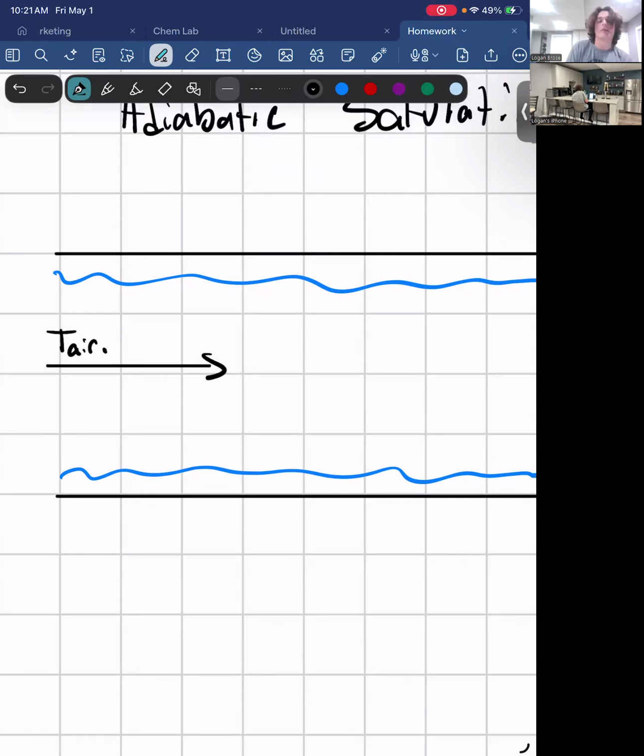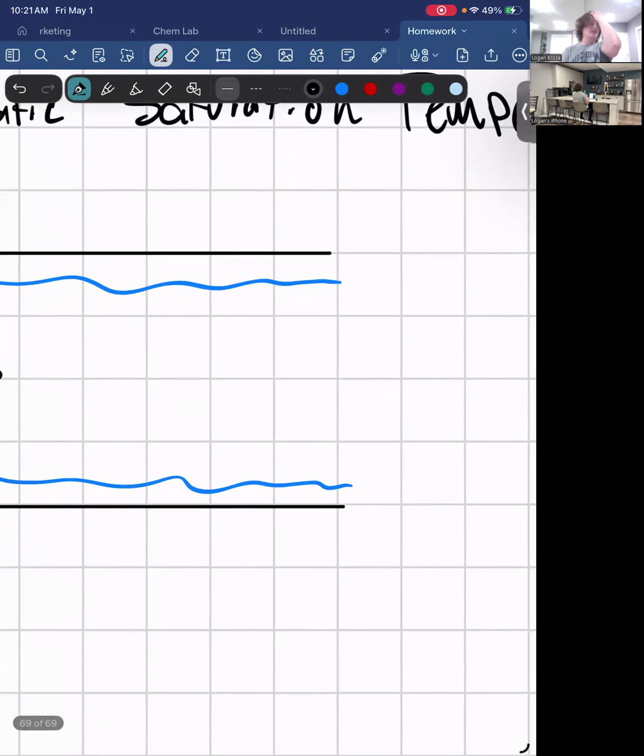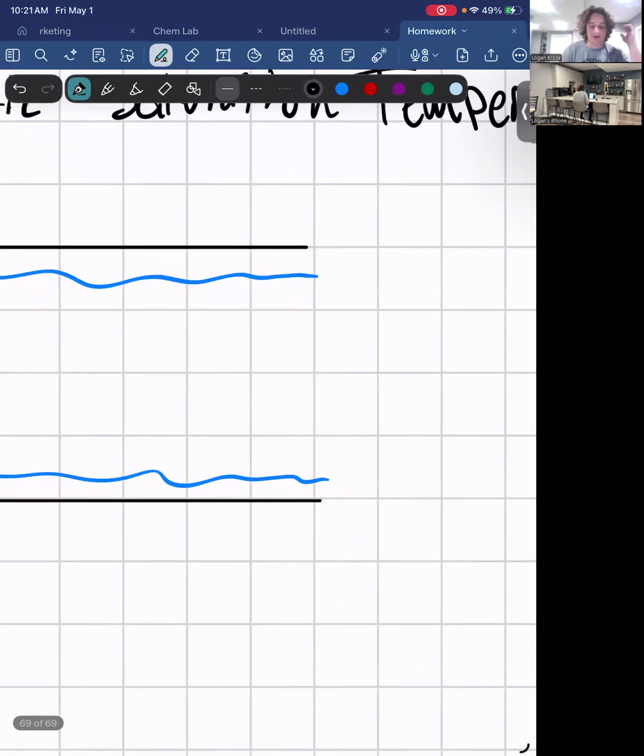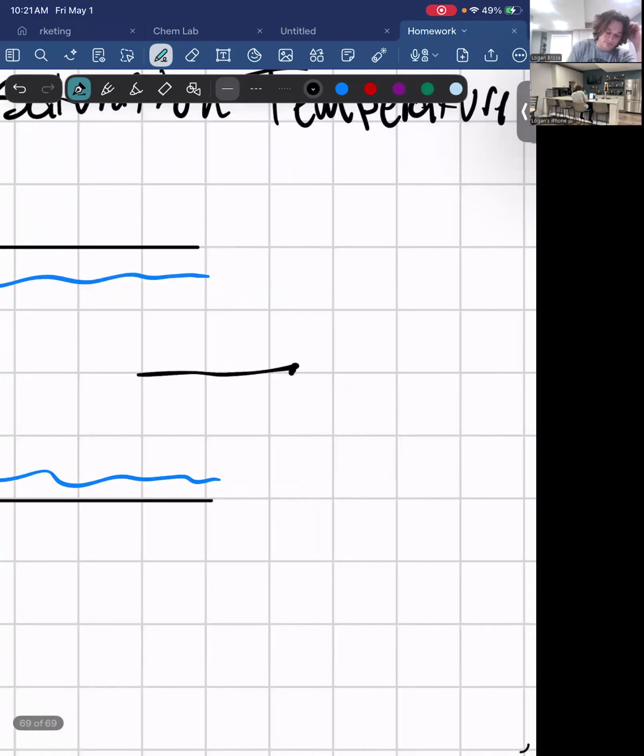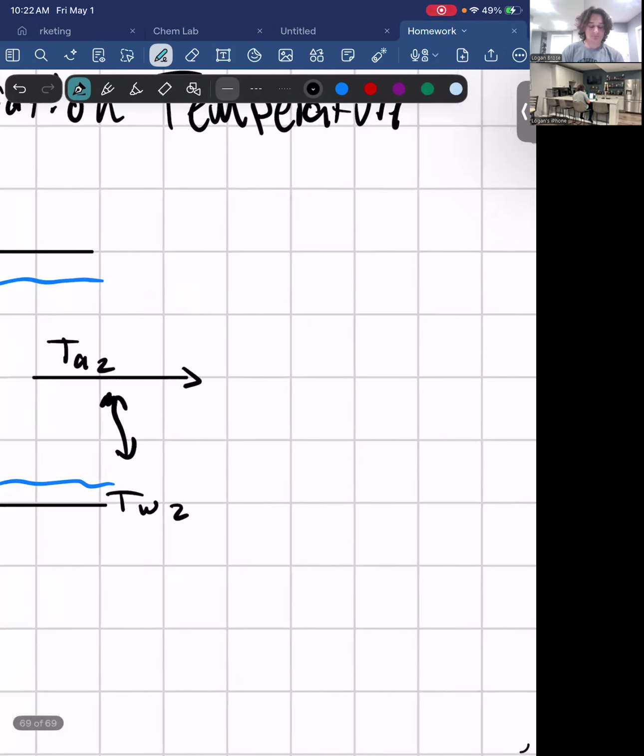And then we have the water at temperature 1, so T water 1. So we have our air temperature coming out, T air 2, and then we have our T water 2. These two are going to be the same. The temperature of the air and the temperature of the water are going to be the same.